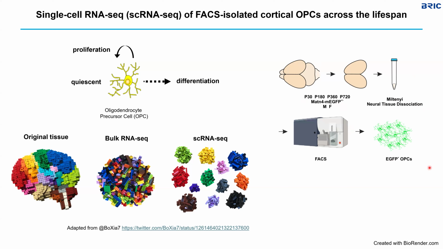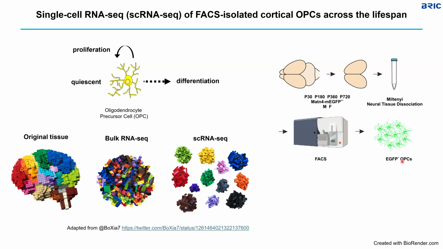This particular step was very important because OPCs comprise only 2 to 5% of the whole neural cells in the brain, which meant that I really needed to enrich for the population of my interest, OPCs, in order to get a high resolution OPC data set at the end.